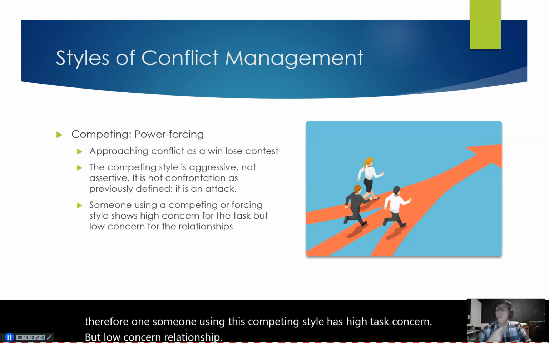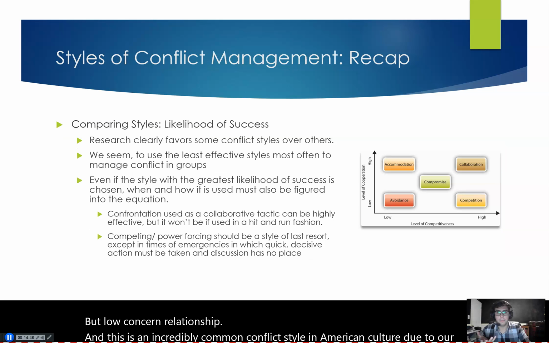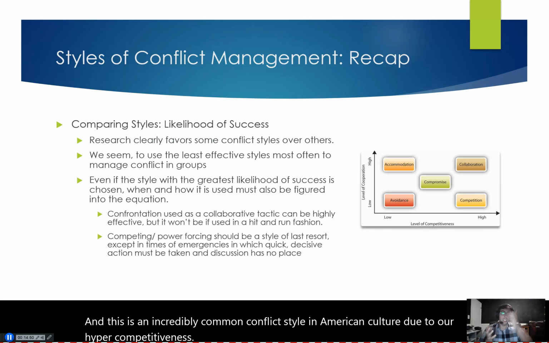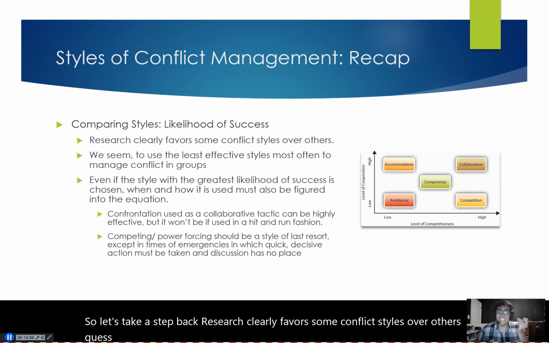And this is an incredibly common conflict style in American culture due to our hyper competitiveness. So let's take a step back. Research clearly favors some conflict styles over others. Guess what? Collaboration is highly beneficial to the group, so there's a lot of research on it.